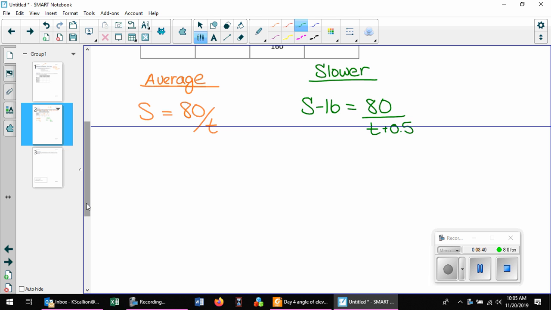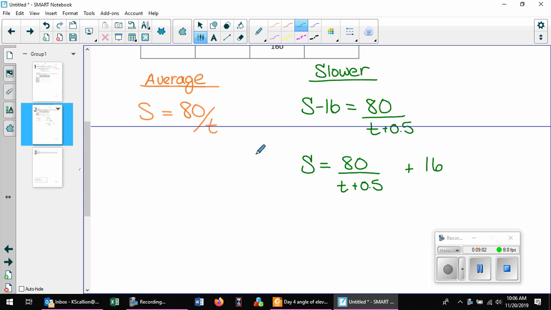So this one's going to change to S is equal to 80 over T plus 0.5 plus 16. How do you guys feel about that? We move 16 from one side to the other. If that's your breaking point, you're not doing well.